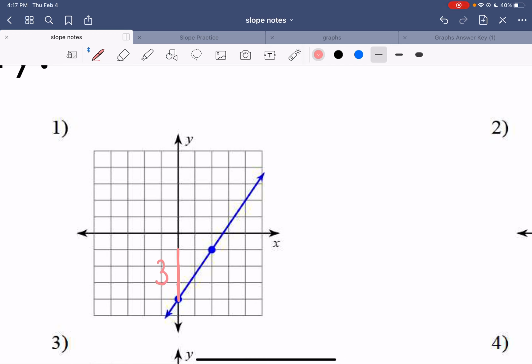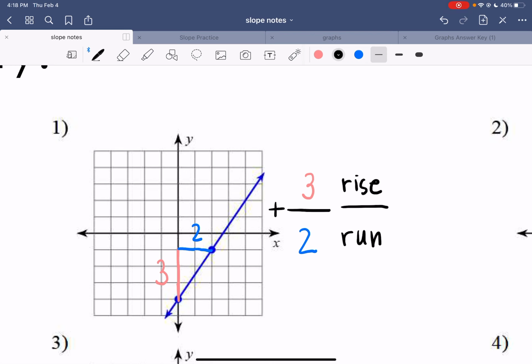So I went up 3, so that's going to be my rise number. And then I'm going to run 1, 2. So here we see my rise, my run, and this is an overall positive slope.